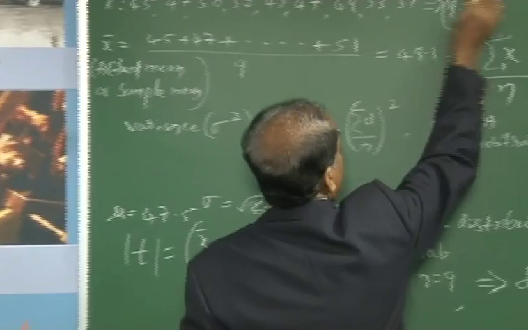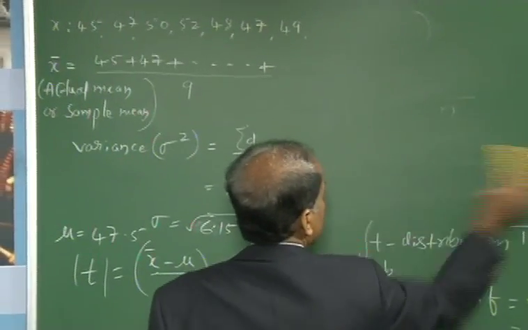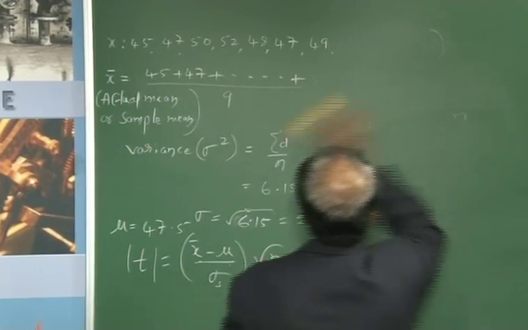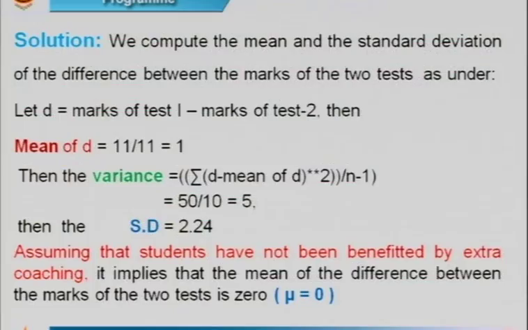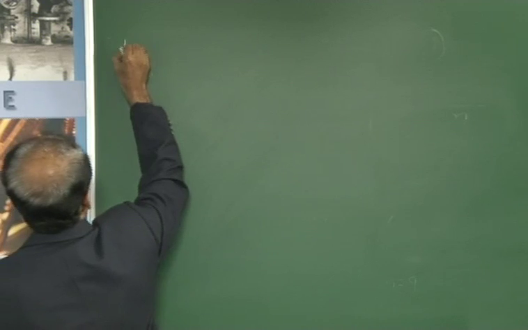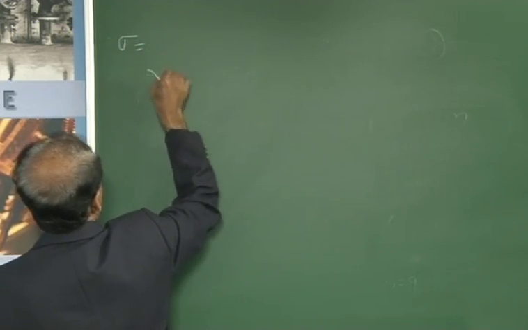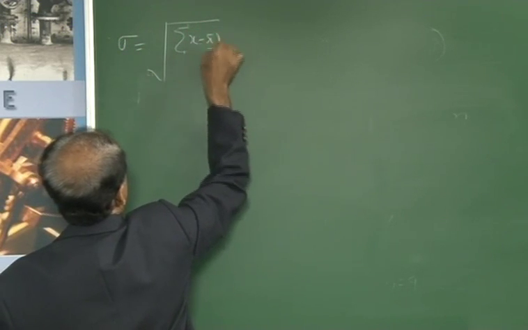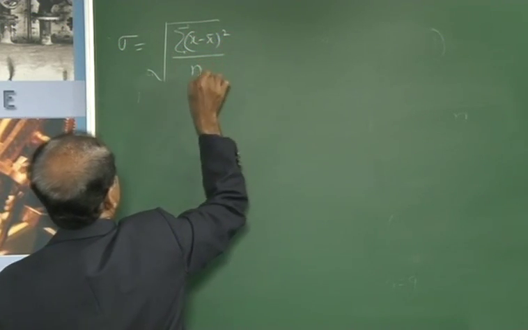What is the equation for standard deviation? Let me remind you of the basic equation. Standard deviation is equal to the positive value of the square root of sigma x minus x bar whole square divided by n.